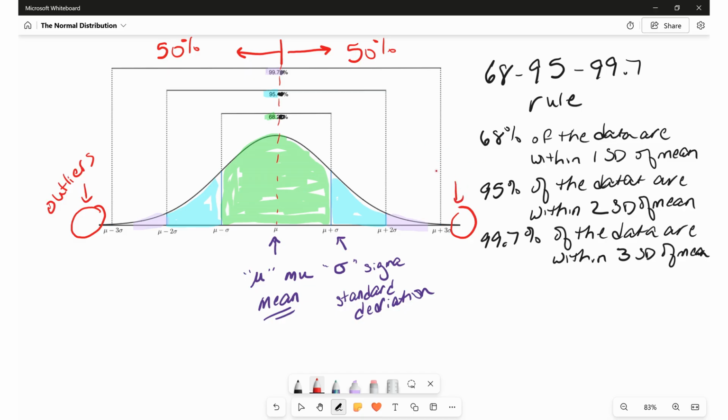These outliers are part of your data, but we just don't include them in the 68, 95, 99.7 rule. But you will see a little bit later on that it is going to become extremely important to know that 50% of your data is below the mean, and 50% of your data is above the mean.